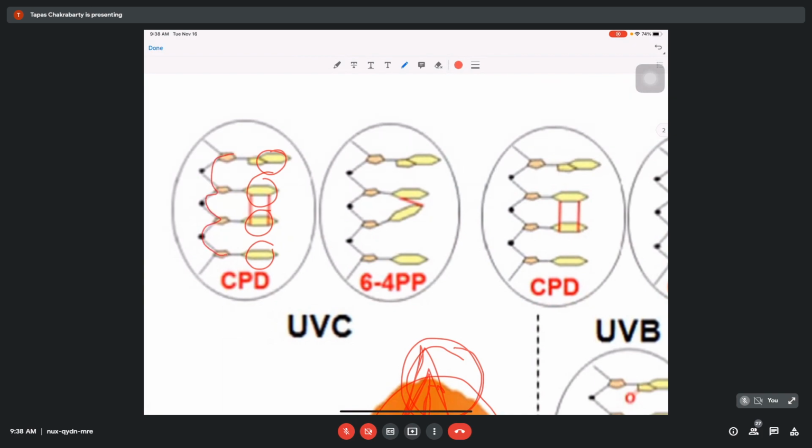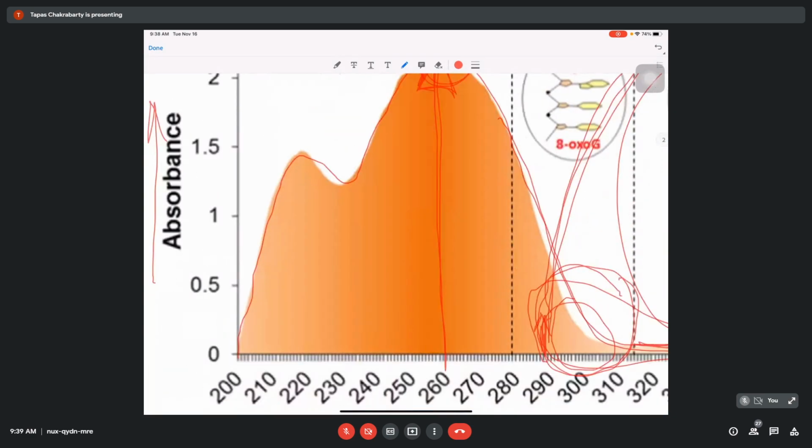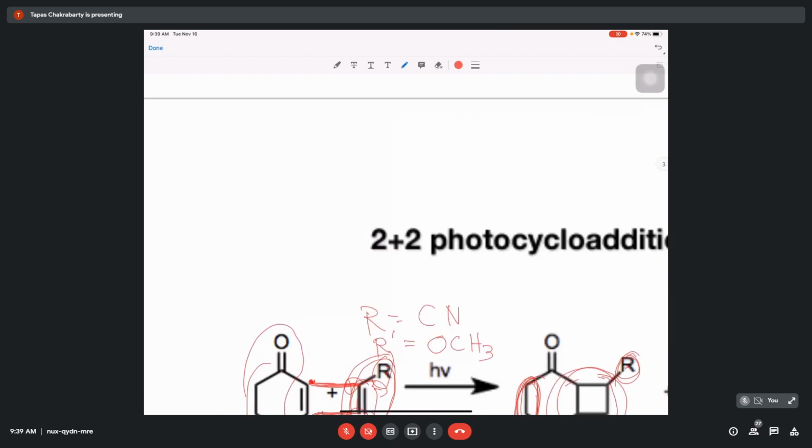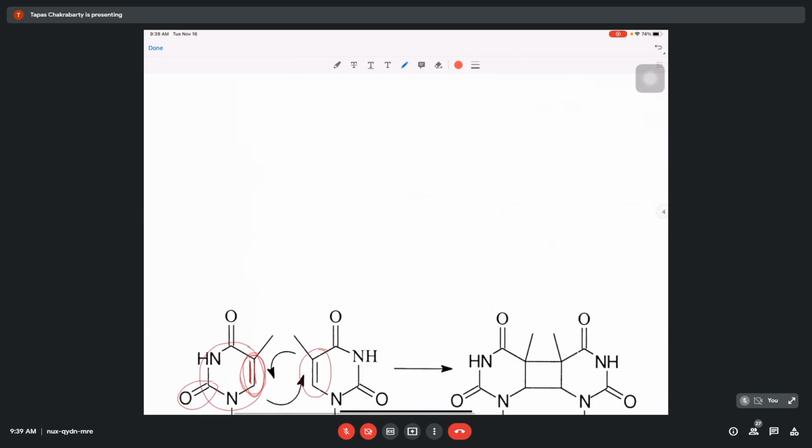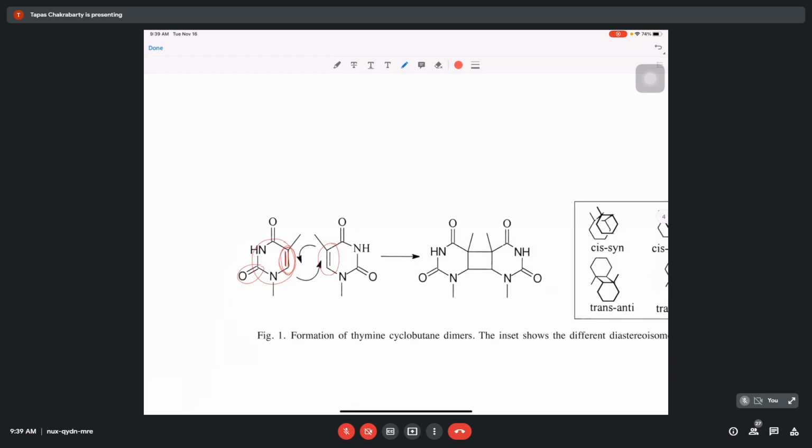Now it so happens that these two thymine residues are side by side, that is, a TT structure nearby. And then you shine light. Then these two thymine molecules can undergo this kind of photodimerization reaction, a 2 plus 2 type of photodimerization reaction, and the product is the following.